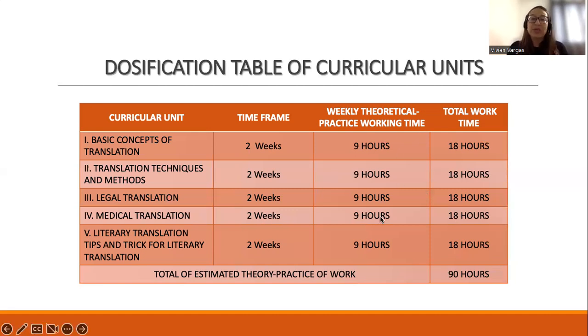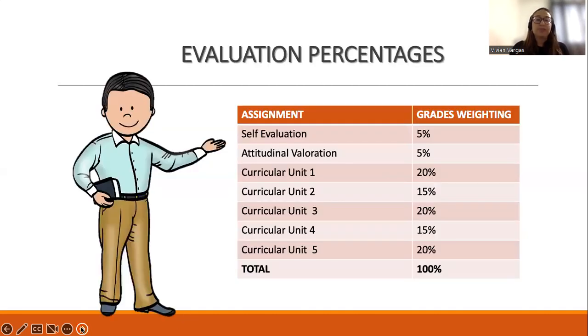And then here you can see the theoretical practice working time and the total work time. Let's continue. And then let's talk about the percentages. You have a self-evaluation, as in every subject, for 5%, an attitudinal evaluation for 5%, and then the percentage or the value of each of the units is going to be kind of different: 20, 15, 20, 15, and 20, to have a total of 100%.